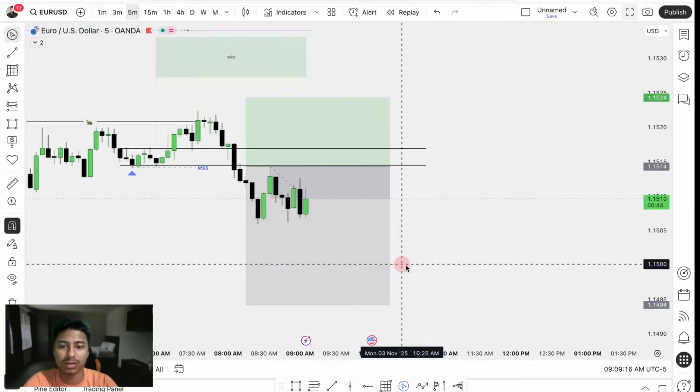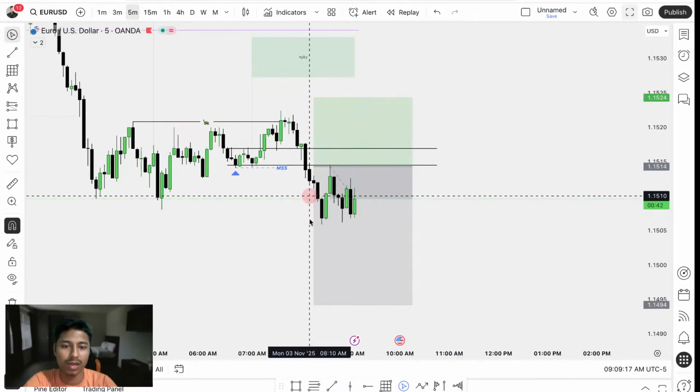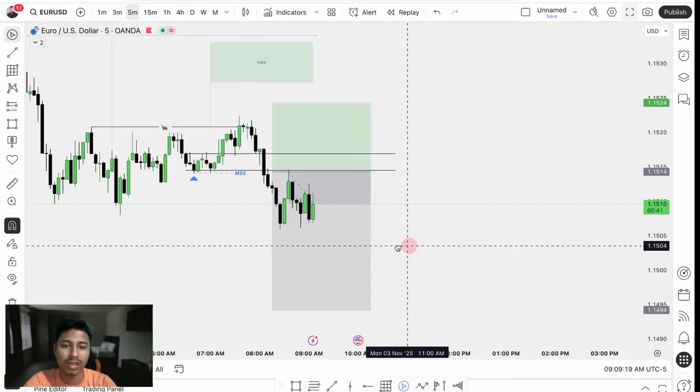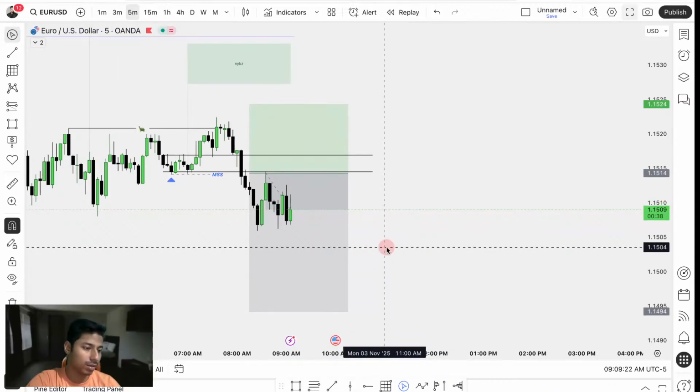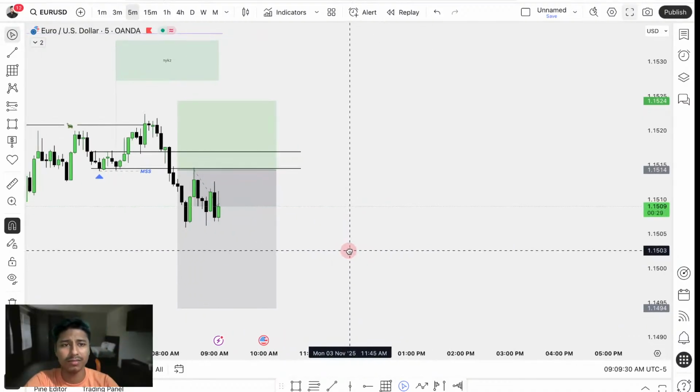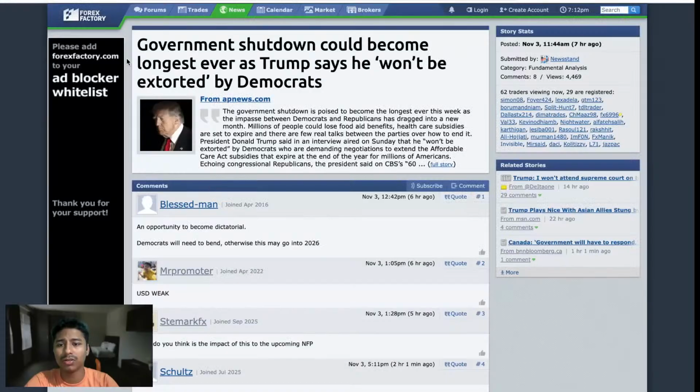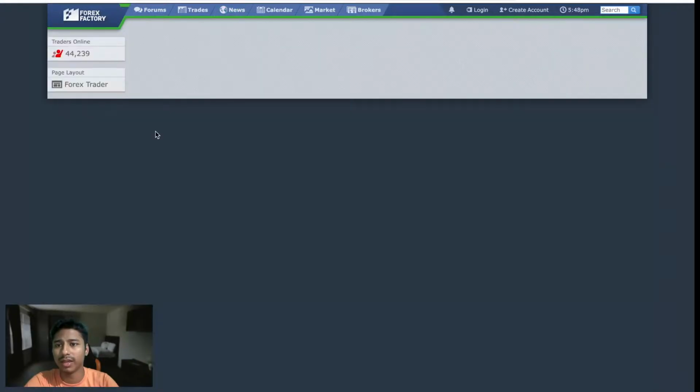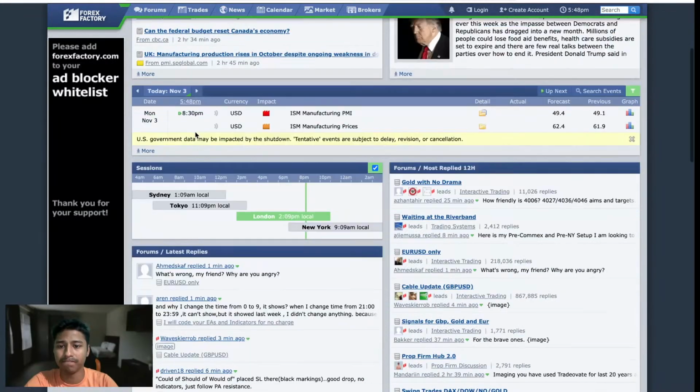Market has started consolidating. Well, I think that's all. I'm not taking a trade anyway. Tomorrow would be a good day, I think. Tomorrow we don't have news.